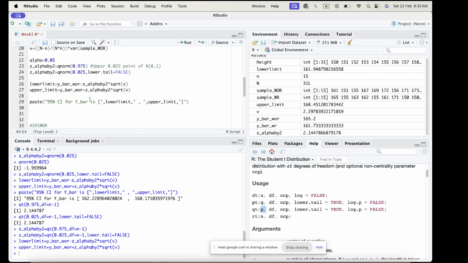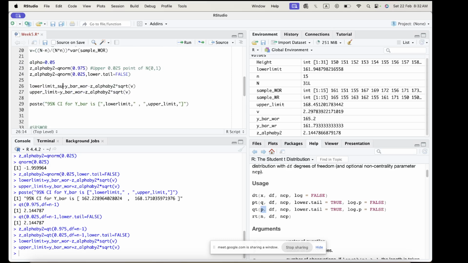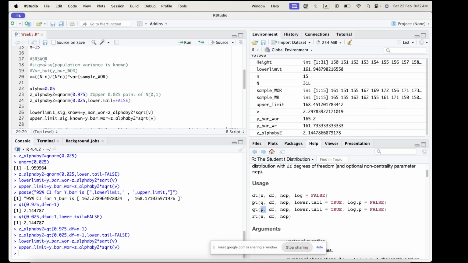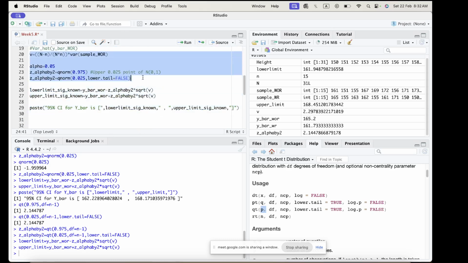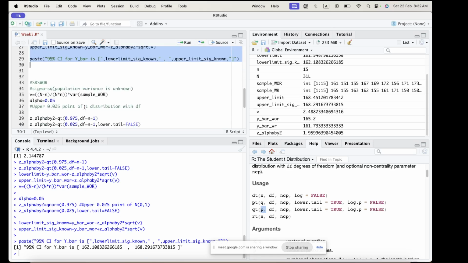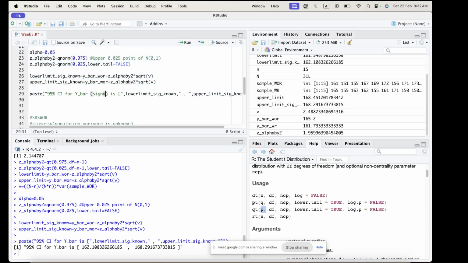Let's say sigma known, and this was when sigma known, or sigma square known, it's the same thing.